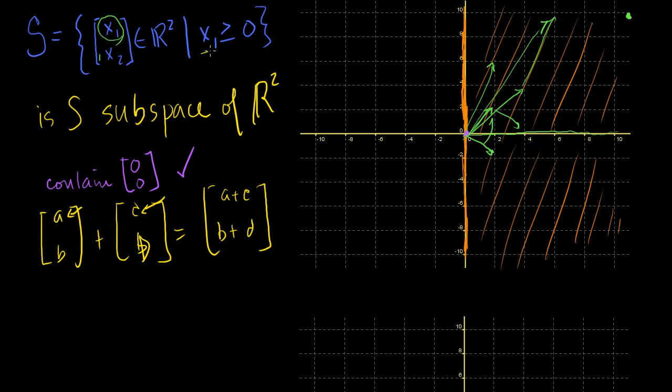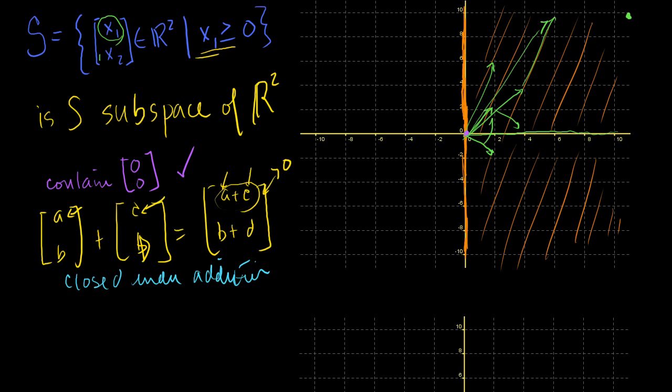That was my requirement for being in the set. We don't care what the second component is; I didn't put any constraints on it. So it does seem like it is closed under addition. Now what about scalar multiplication?